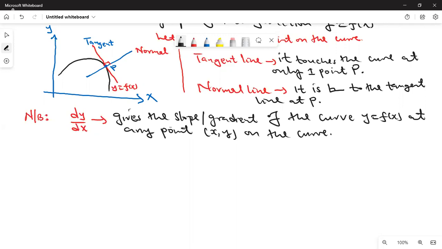What if now we know the point? Because you see (x, y) is just a general point. If you know the particular point to be (x naught, y naught), then what will that gradient mean?